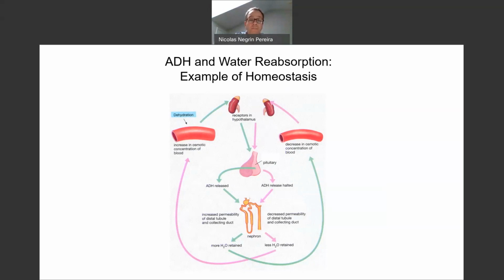So that means then that there will be an increase in osmotic concentration of the blood, and that will eventually lead to a dehydration situation.